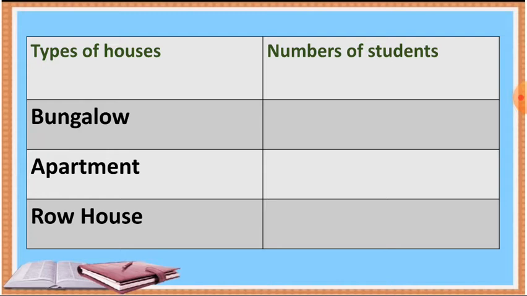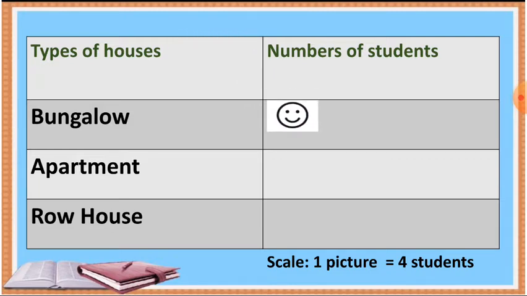Now for bungalow, how many students were there? 4. So what did we take as the scale? We took the scale as one picture is equal to 4 students. So in bungalow, how many students were living? 4. So here we will take only one image, because one image is equal to 4 students.